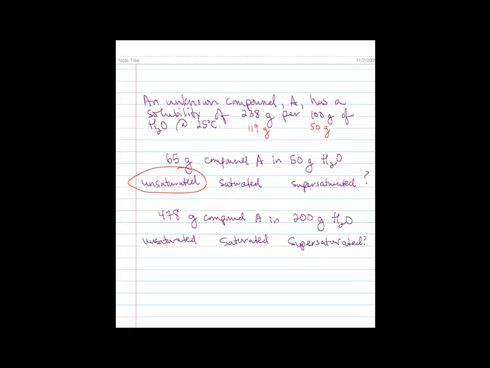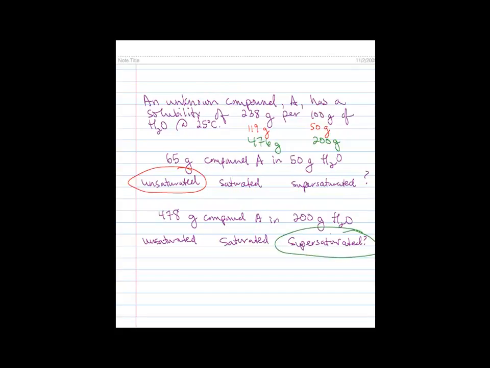All right, 200 grams of water, 238 times 2, you get 476 grams. So 476 is the saturated number. Because it's 478, this would be supersaturated.